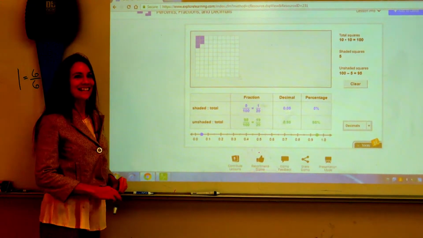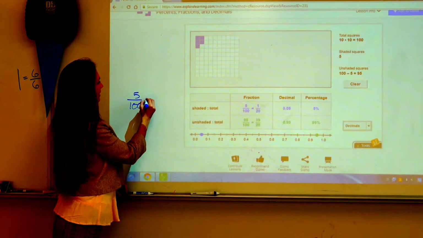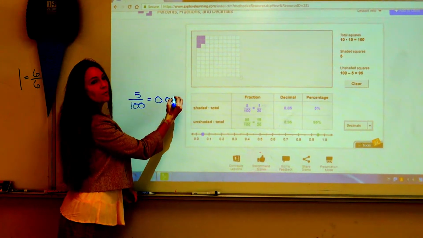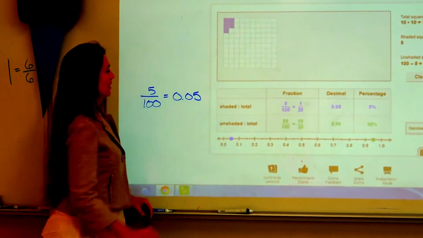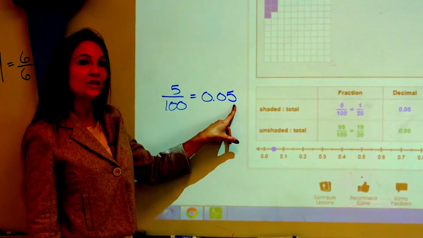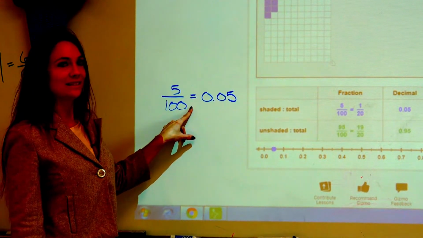Good question. How? Well, 5 divided by 100, put that into a calculator, it's 0.05. There's your tens and your hundredths place. Your hundredths place.